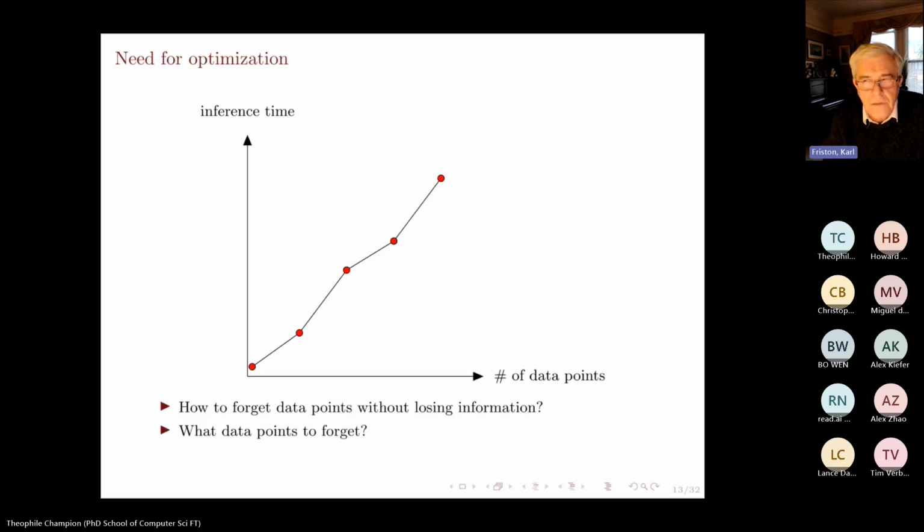The only time you need to use Bayes optimal forgetting is when the environment is changing. So there are situations where, for example, the cheese is in a different position, or some doors are open and shut. So there's a degree of volatility in the environment.